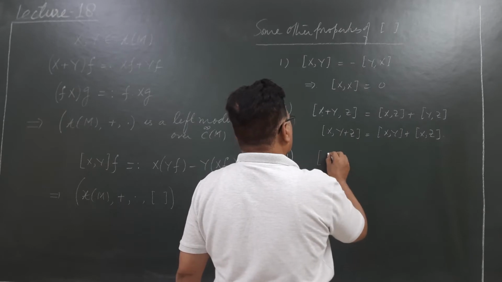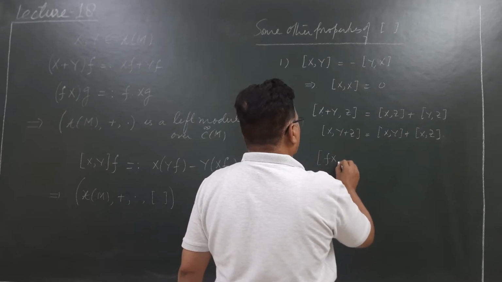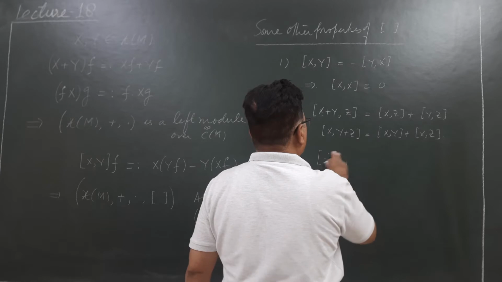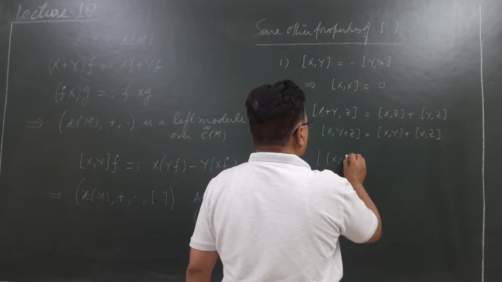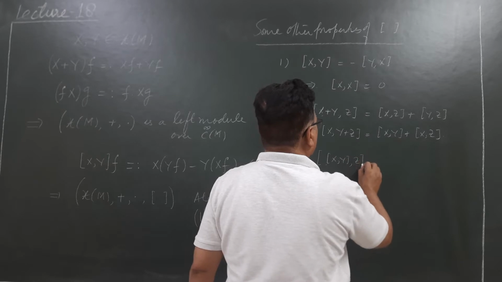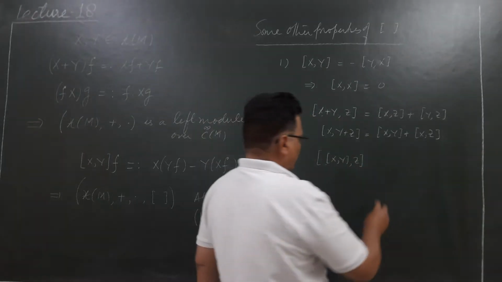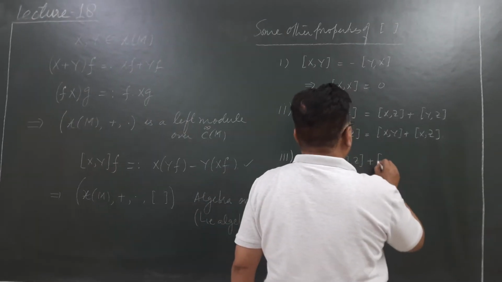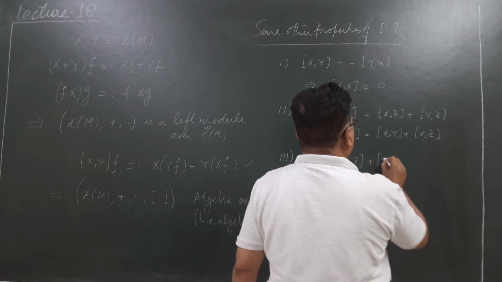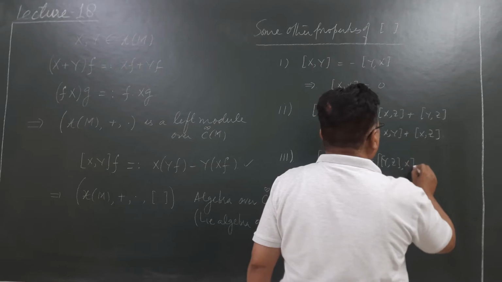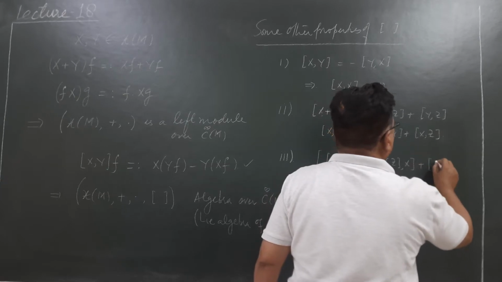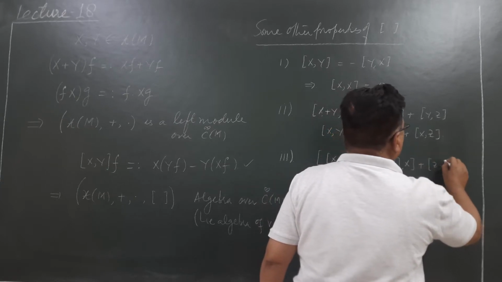Okay, and the third one is, if you consider X, Y, Z and you consider the cyclic sum: [[X,Y],Z] plus [[Y,Z],X] plus [[Z,X],Y].